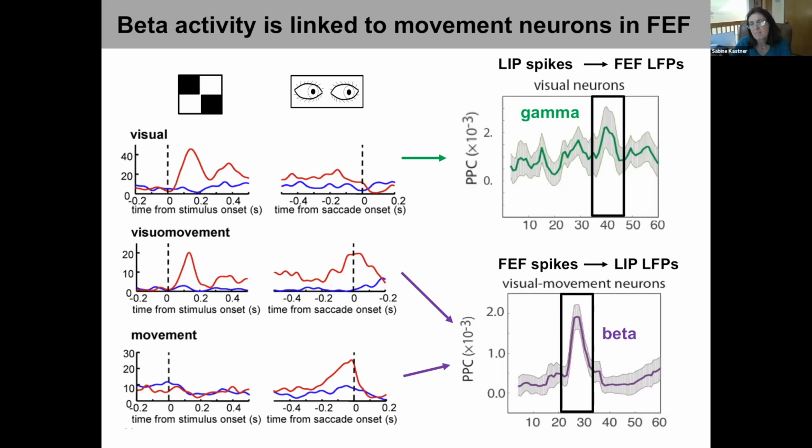Now, in the literature, gamma activity has been very often associated with sensory processing, and that goes very well together with the observation that visual neurons are associated with that gamma activity. And beta activity in the motor system is very often associated with motor suppression, and we interpret the signal that is linked to these oculomotor neurons in the same way.